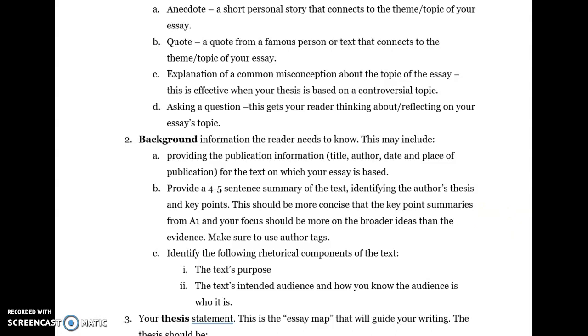The other thing that you want to make sure that you identify in your introduction, which is different for your rhetorical analysis or rhetorical response, is the text's purpose, the text's intended audience, and how you know the audience is who you say they are, right?